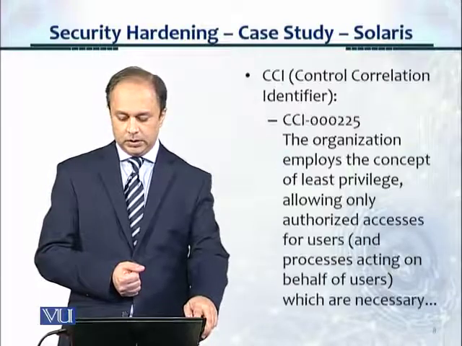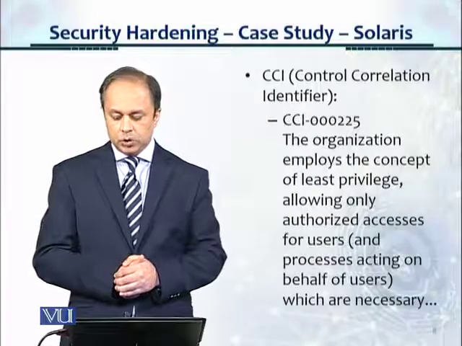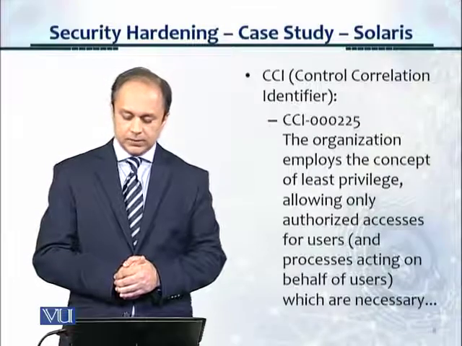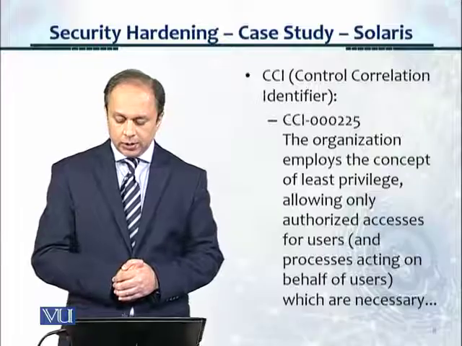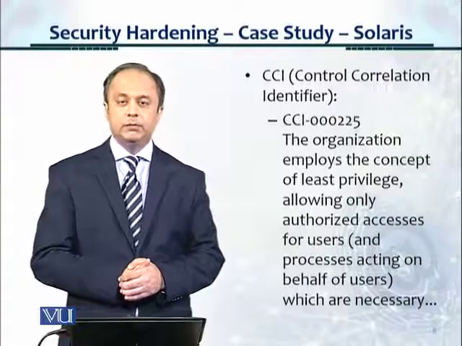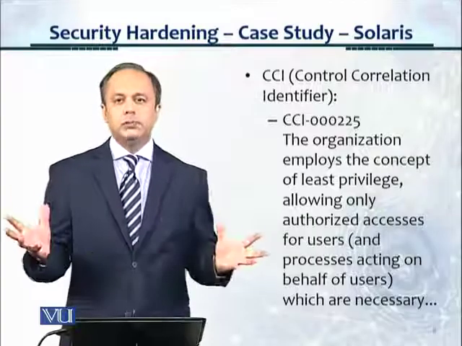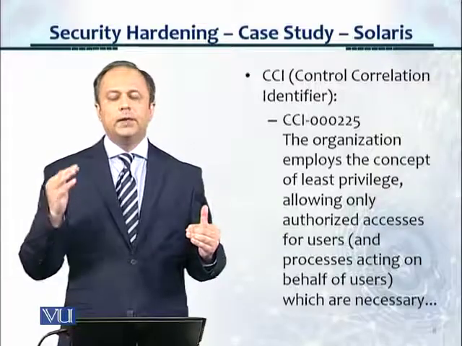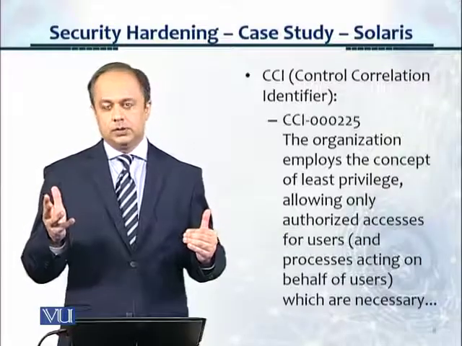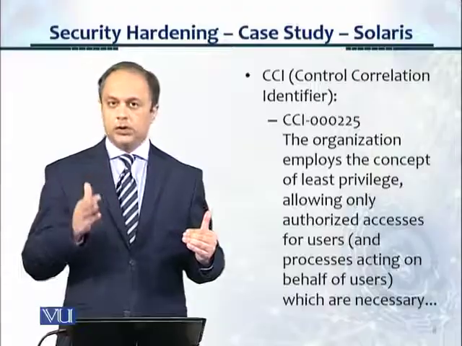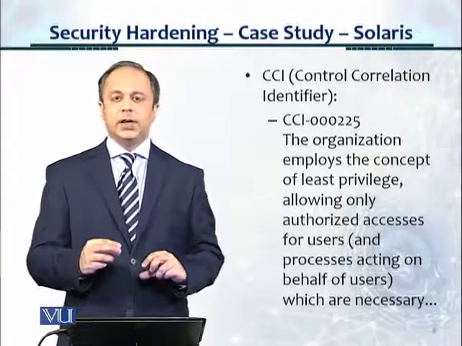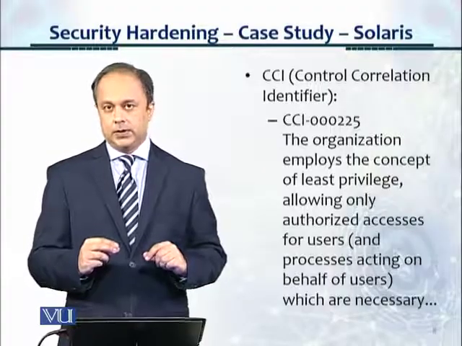For the CCI, control correlation identifier, it tells us the organization employs the concept of least privilege, which is a general security principle. Whenever you give privileged access to an entity, a person, or an application, it should always be the least privileged access, right?